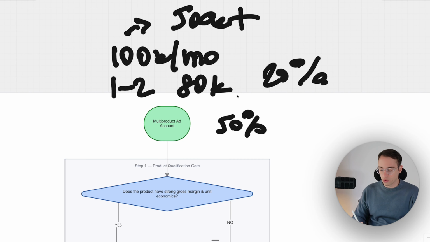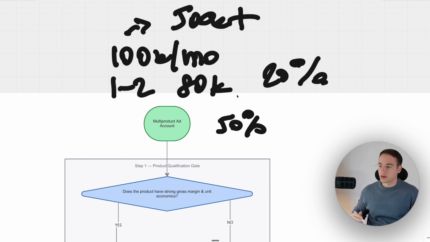So I wouldn't go beyond 2, to be honest. I don't see the reason why you can't scale to 500,000 a month, even more, with just a couple of SKUs. Adding more complexity will just take from the creative resources and the overall strategy, because each product is also going to be unique.